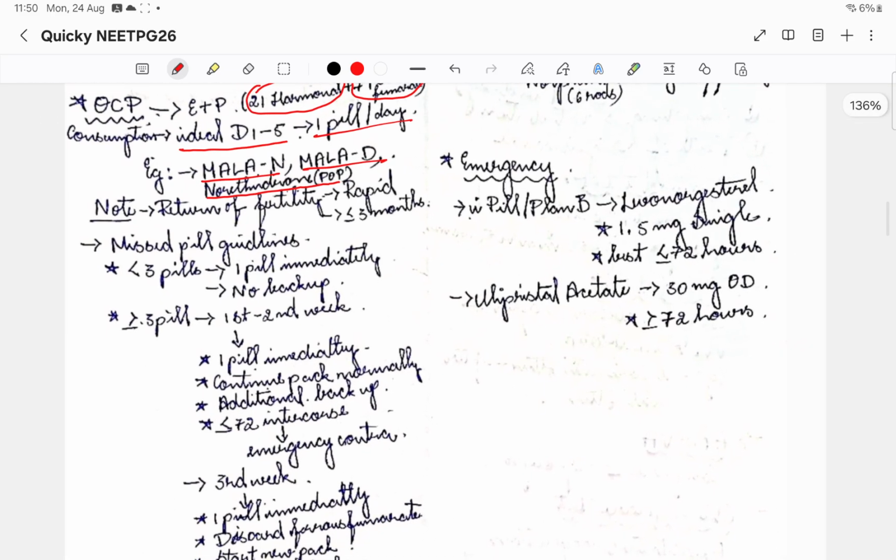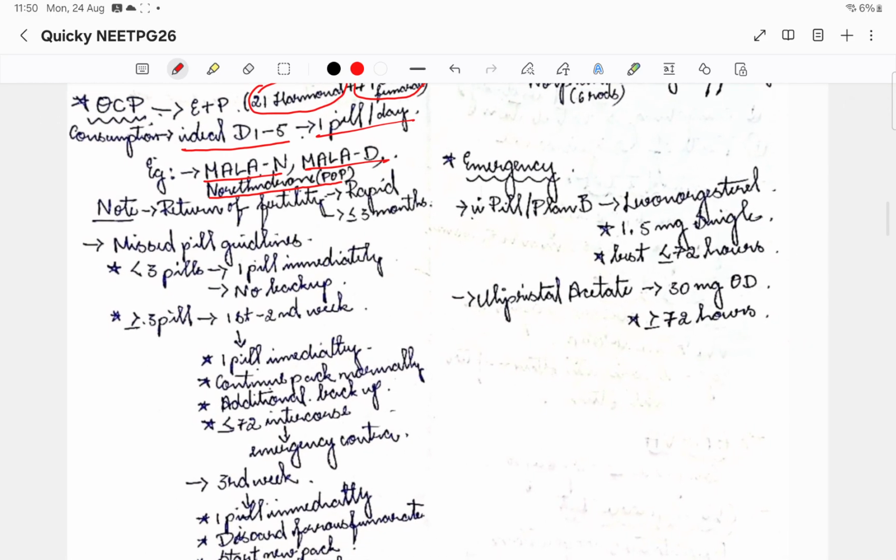Then some notes I want to give you: the return of fertility will be rapid, or within 3 months. For example, the patient comes to you and says, I've been taking OCPs and now I want to resume, and I don't know whether I'll be able to conceive or not. Your answer should be that it would be rapid.